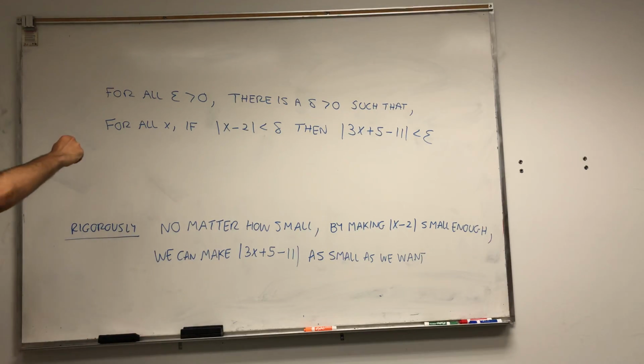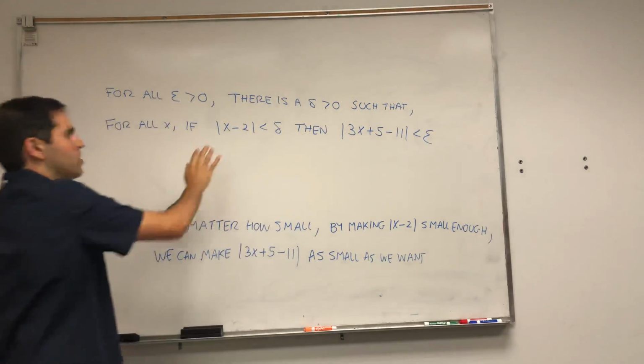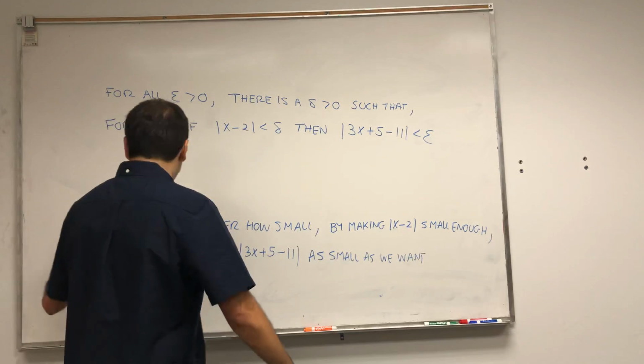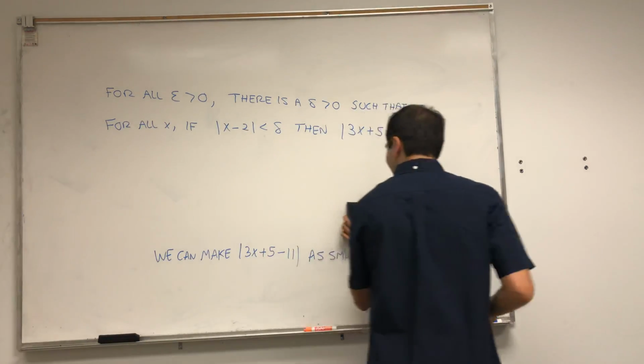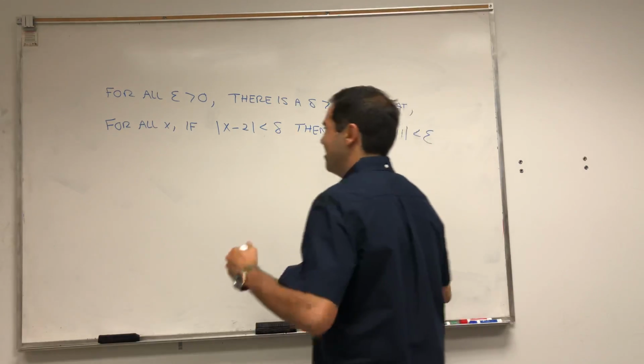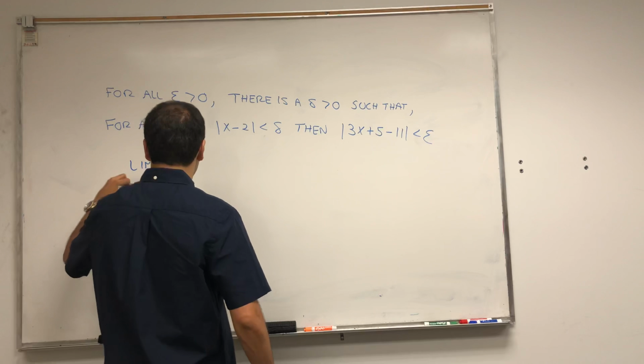No matter how small you want, you can always make this as small as you want by just letting x be close enough to 2. That said, this doesn't really show you how to do epsilon-delta problems. Now let me tell you how to do epsilon-delta problems.